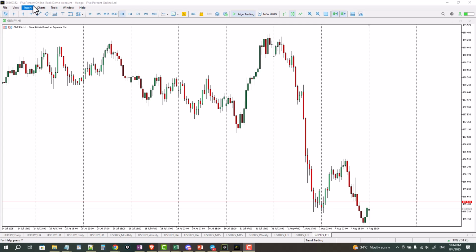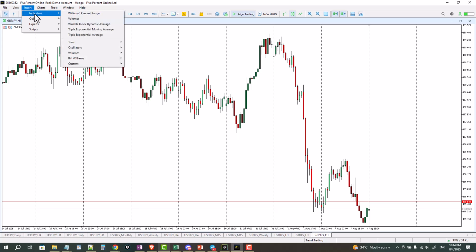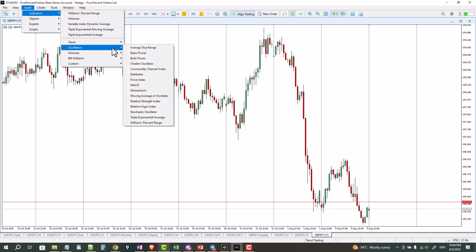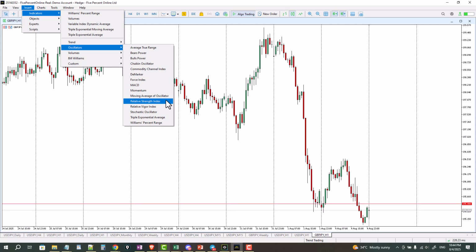In order to add it to your charts, if you're using the MetaTrader platform, you would click on the Insert tab, then Indicators, hover your mouse cursor over the Indicators drop-down menu, and then hover over Oscillators, because the Relative Strength Index is under a category of technical indicators referred to as the oscillators. The reason is that the indicator fluctuates between readings of 0 and 100.